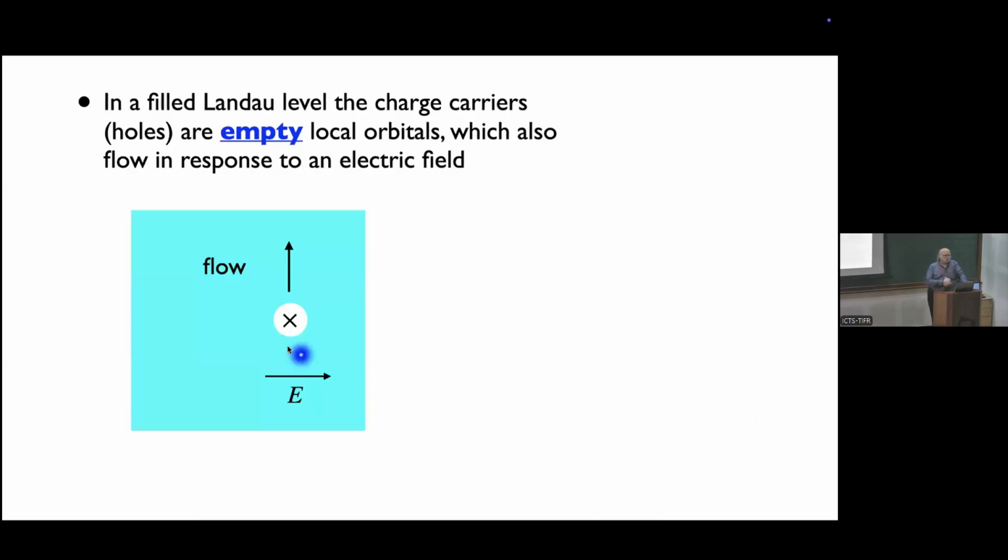So in a filled Landau level, the charge carriers are empty orbitals which flow in response to an electric field. Again, this is the guiding center flowing without an electron attached to it. So one of the basic points will be that the empty orbitals are a new, mobile degree of freedom in the Hall effect, fractional and integer.